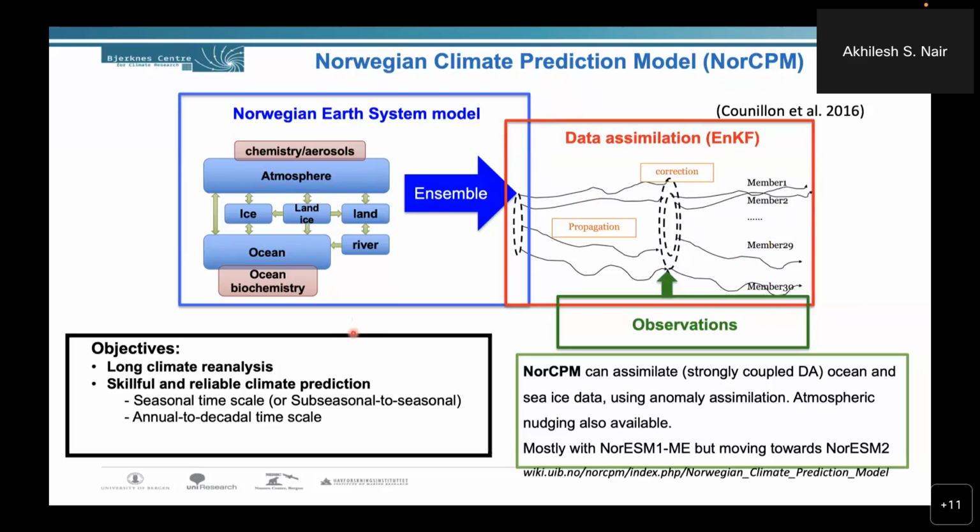So we have a long-term climate reanalysis product, as well as skillful and reliable climate prediction for seasonal timescales as well as annual to decadal timescales. The second keyword in my title was subseasonal forecast.